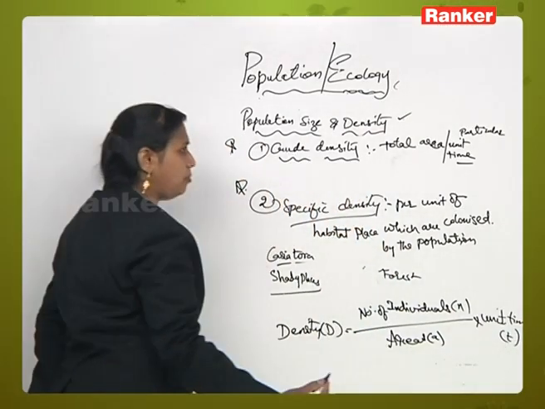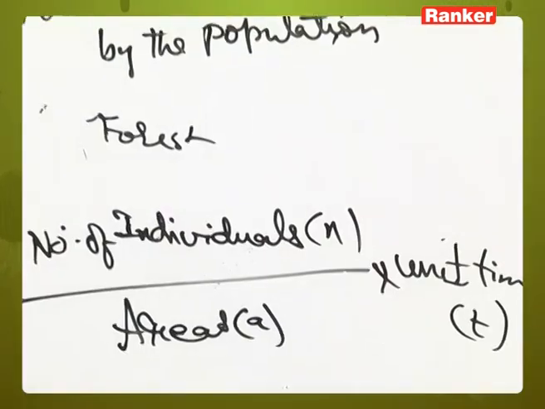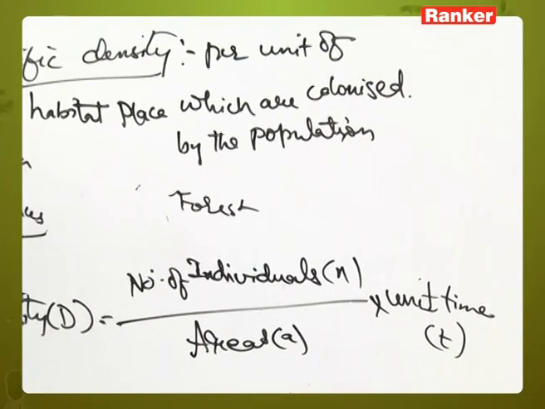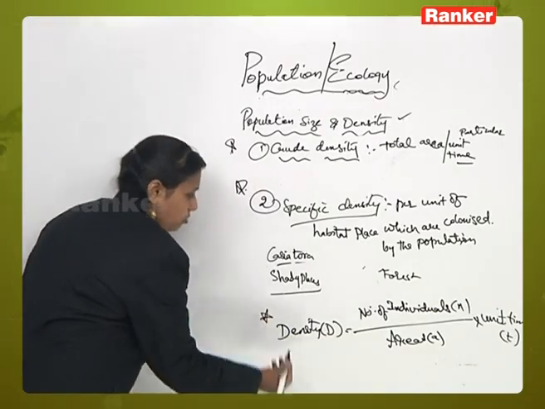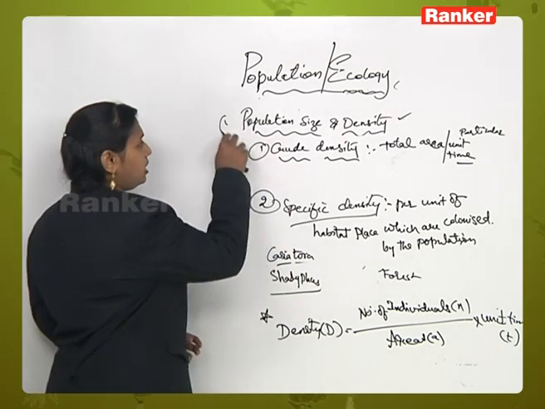So it can be represented as D is equal to small n by A into T. This is the formula for the measurement of density. On this also you will get some questions: number of individuals by area into unit time. This was the first characteristic of population.